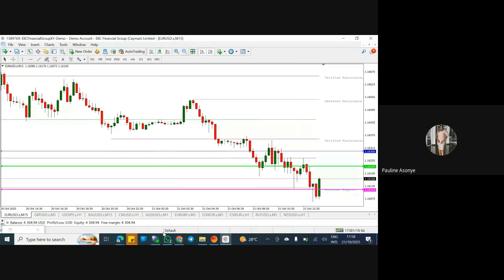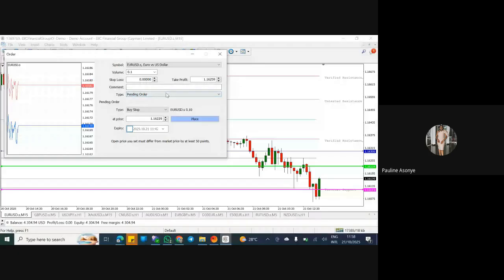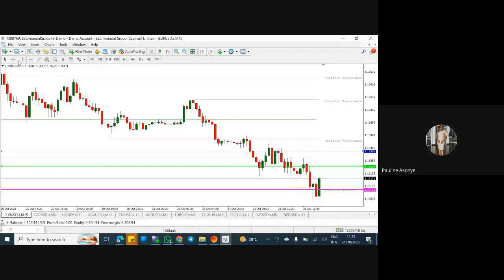Okay, let's do this. Let's take out our TP so that we know where our problem is from. But I don't want to think it's from the market's price, because the market is currently here. 58. It's too close, but let's see if it will go.